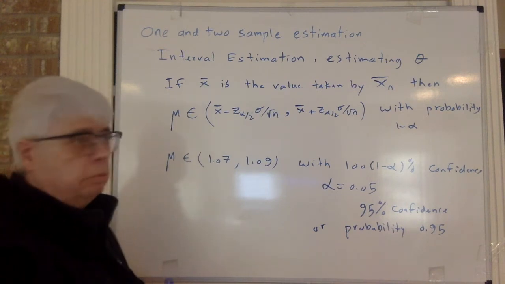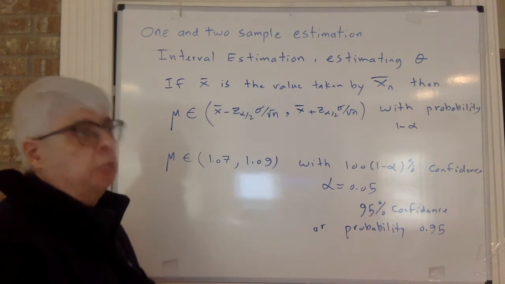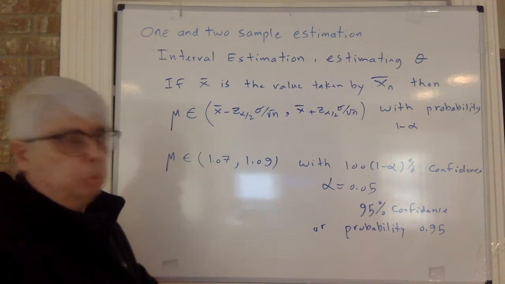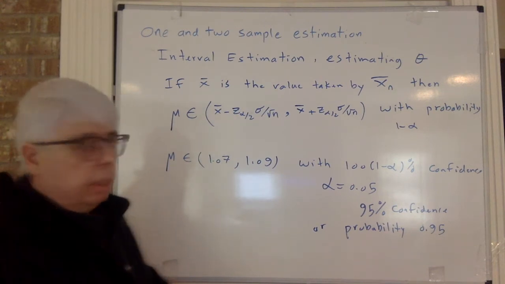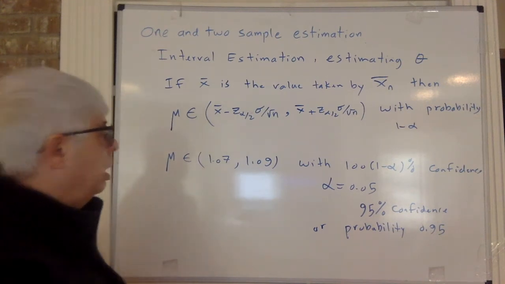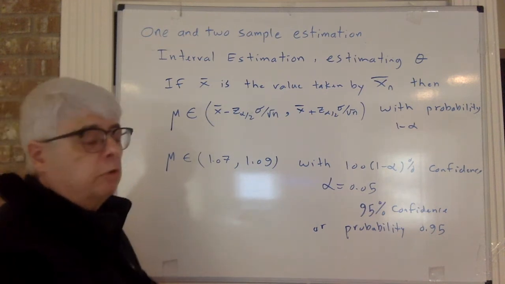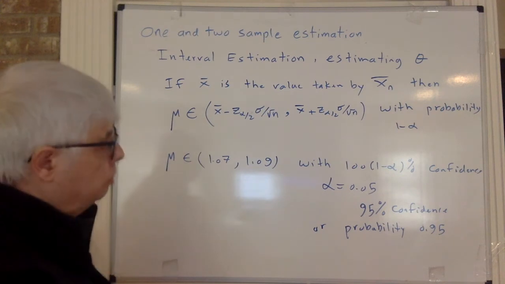Now, why do you do it one time? Well, it's not feasible. Maybe the experiment is expensive, or we can't do it 100 times or 10 times or even 2 times. So you just can do it one time, and then you just give me this interval, and you say I'm 95% confident that it falls within this interval.